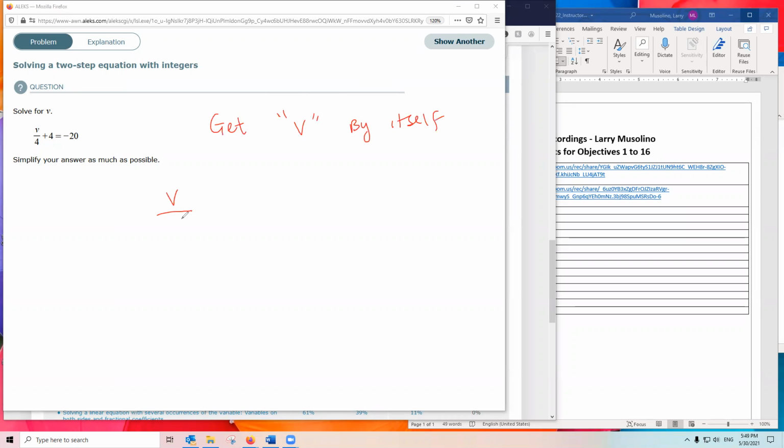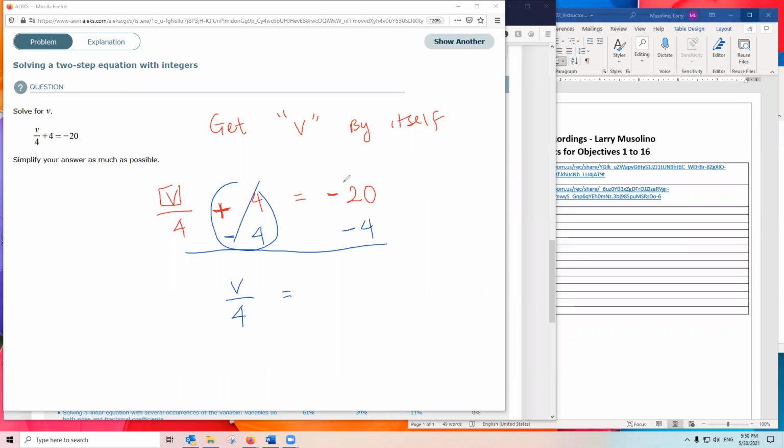All right, so here's the equation they're giving me. Well, I know I want to get this v by itself. To get started, I'm going to get rid of or cancel out this addition of 4. That means I'm going to subtract 4 from both sides. Adding 4, subtracting 4 cancels out, so I'm left with v/4 on the left side.